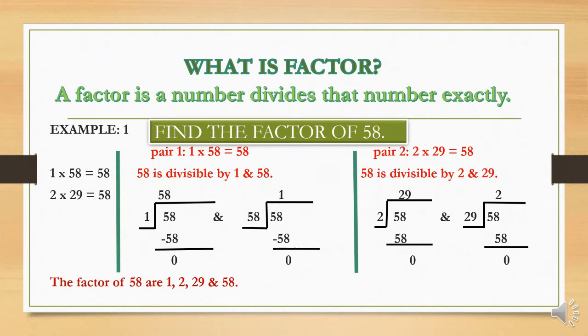Now divide 58 by 2 to get 29 as a factor and the remainder is 0. Now divide 58 by 29 to get 2 as a factor and the remainder is 0. Thus, we can say that the factors of 58 are 1, 2, 29 and 58.